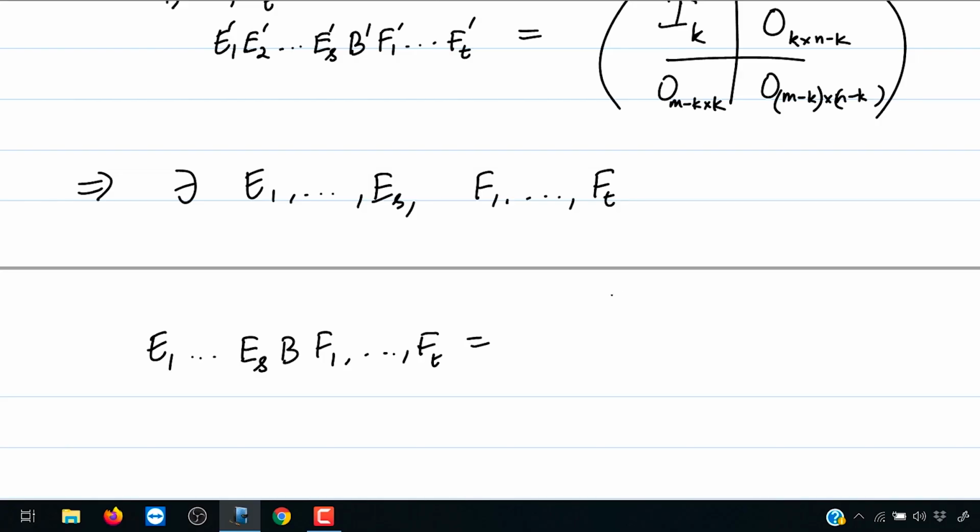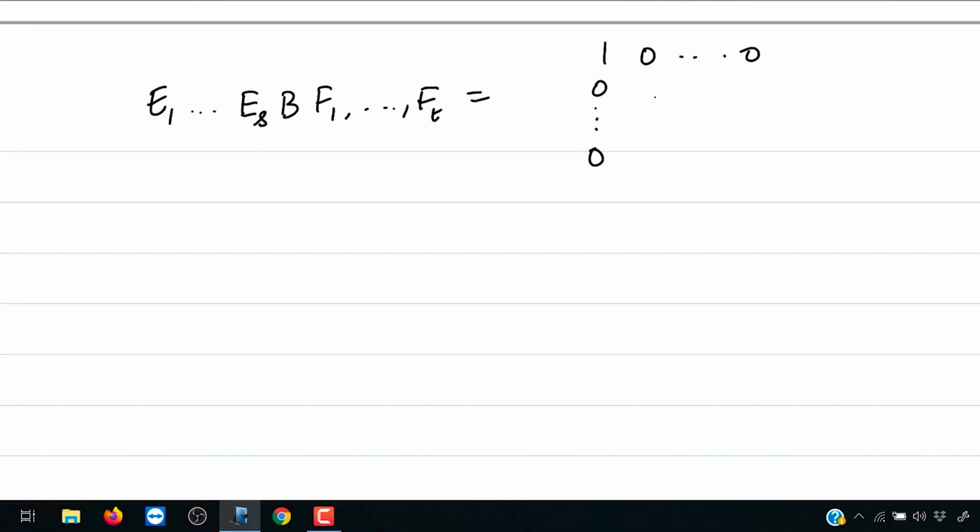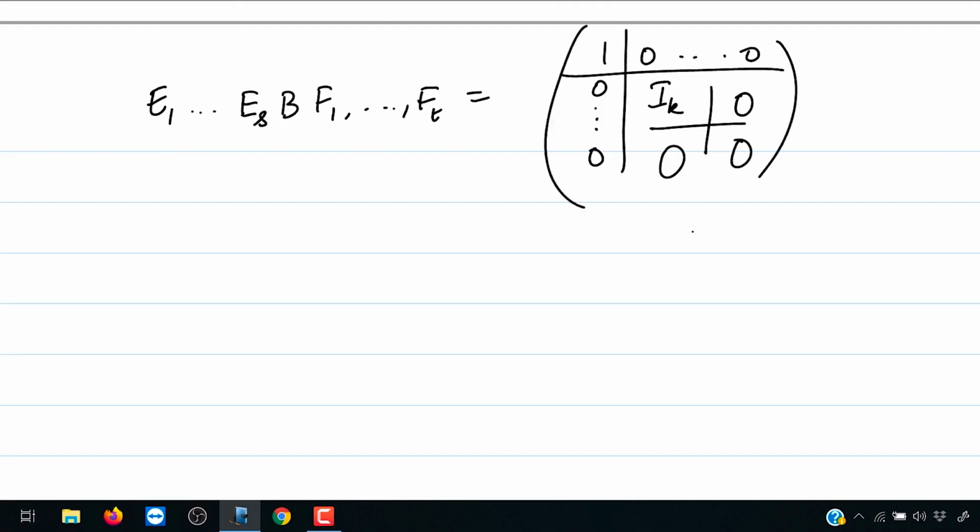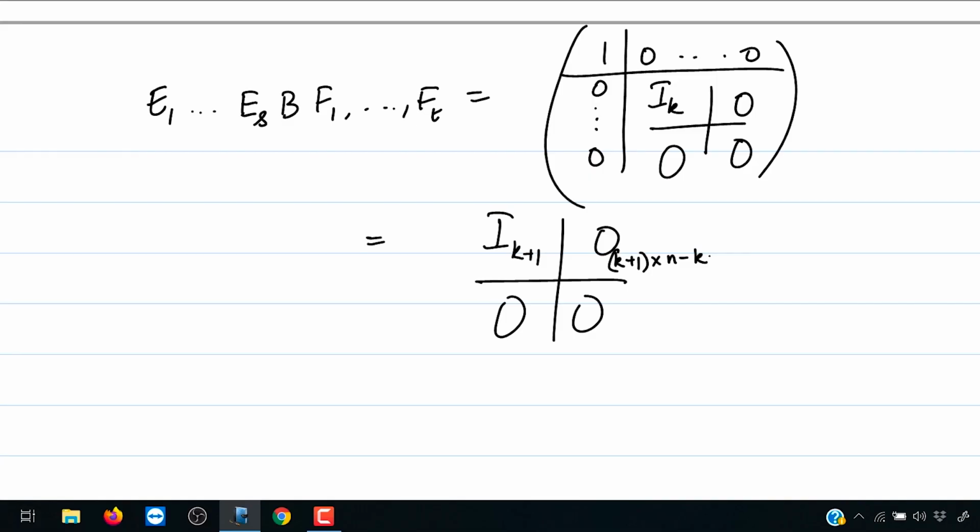This will just give you a 1, and then there will be zeros here, and then there will be an Ik. There is a 0 here, a 0 here, a 0 here in this matrix. But what is this matrix? This is nothing but I(k plus 1) with zeros. Just to be careful about what we are writing, this is going to be m plus 1, k plus 1 cross n minus k minus 1.